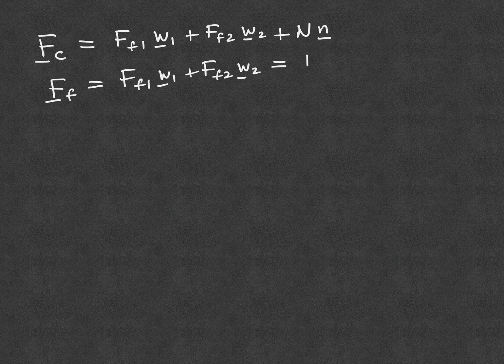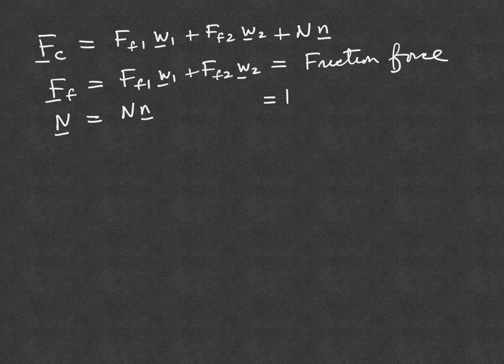And this is defined as what's called the friction force. So the third component, which is equal to scalar N times little n, is what's going to be defined as the normal or reaction force.